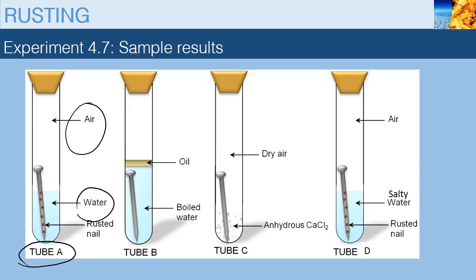The air dissolves in water, and the iron nail reacts with the oxygen to form iron 3 oxide. And then iron 3 oxide reacts with the water to form hydrated iron 3 oxide. Hydrated iron 3 oxide is rust.